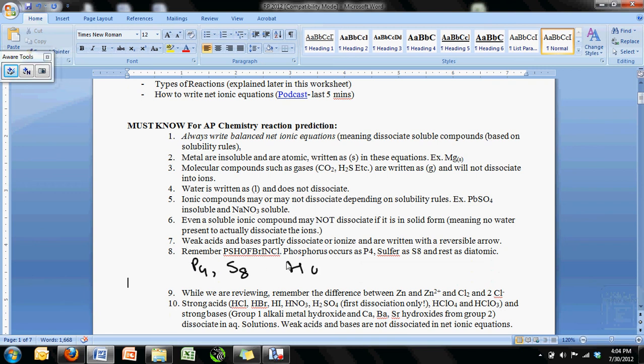And hydrogen, oxygen, fluorine, bromine, iodine, nitrogen, and chlorine, each of these by themselves exist as diatomic gases. Now, commonly in practice, phosphorus is just written as P, not P4. So you'll see some resources, phosphorus being written as P. In some resources, it's written as P4. Sulfur as S or S8. My preferred mode is P4 versus P, or S8 versus S.